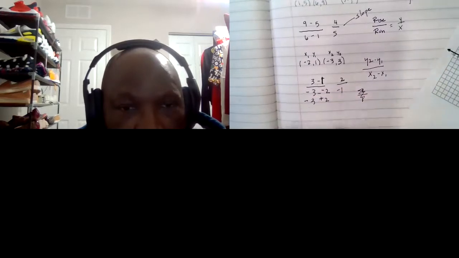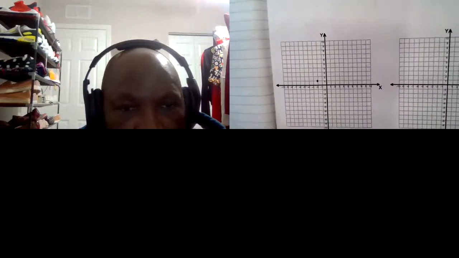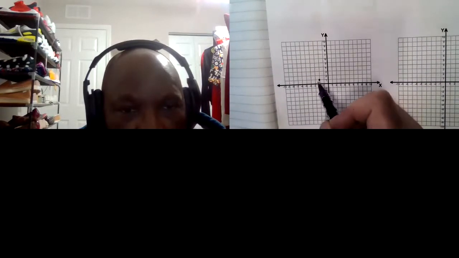Now we know what the slope is. The slope is 2 over -1, which is rise over run. So +2 over -1. That means if we start at the coordinate we put in, we're going to go +2, that's up because that's the rise.